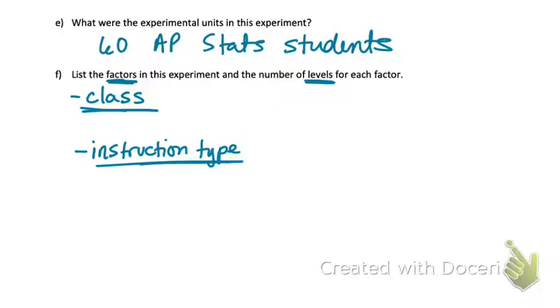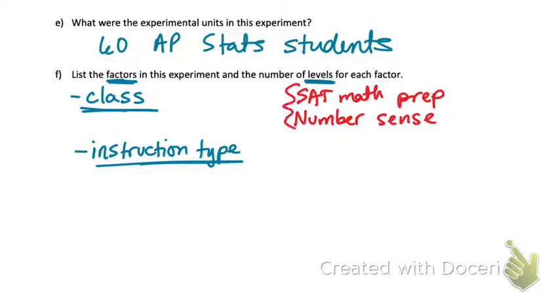It was the SAT Math Prep class and the Number Sense class. So for class, there were 2 levels. Class was the factor, but there were 2 levels for that factor. Now, with the instruction type, how many levels were there? 3.